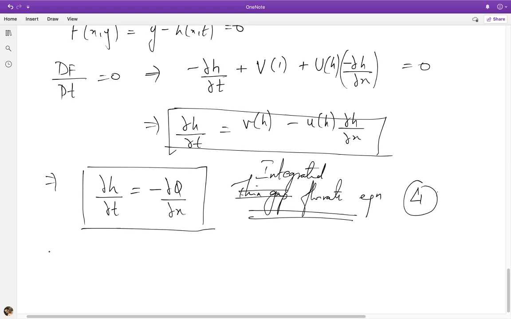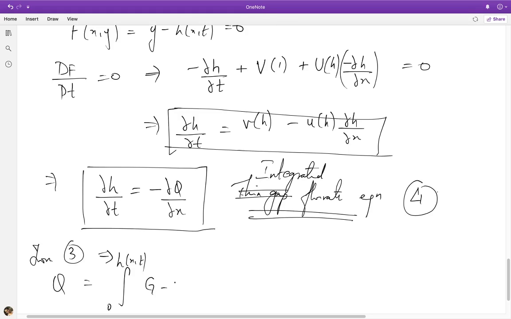Alright, so let's proceed to do that. Let's proceed to now obtain an equation for the pressure field. So I know from equation 3 I have that q is nothing but the integral from 0 to h of x comma t.